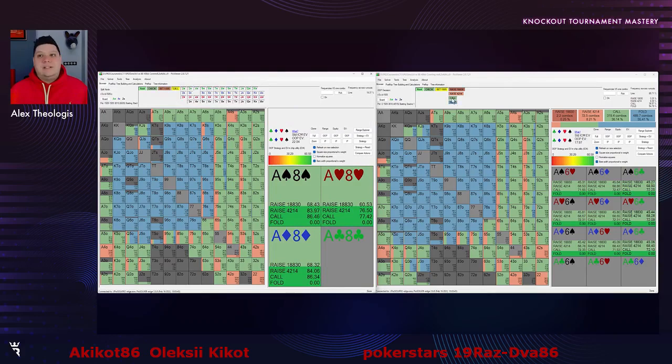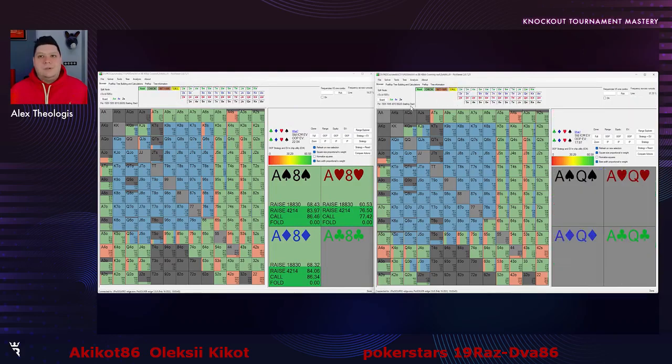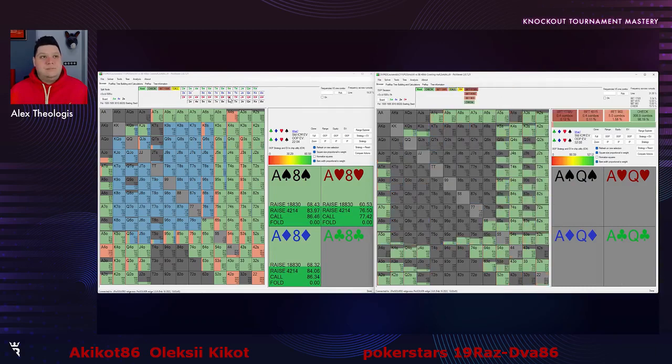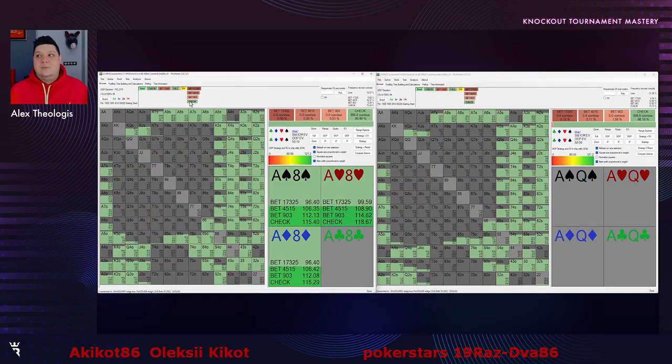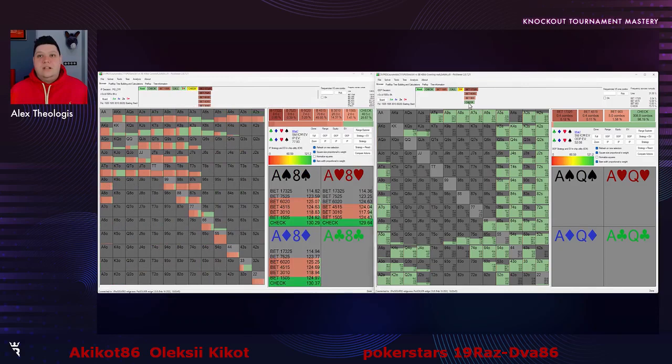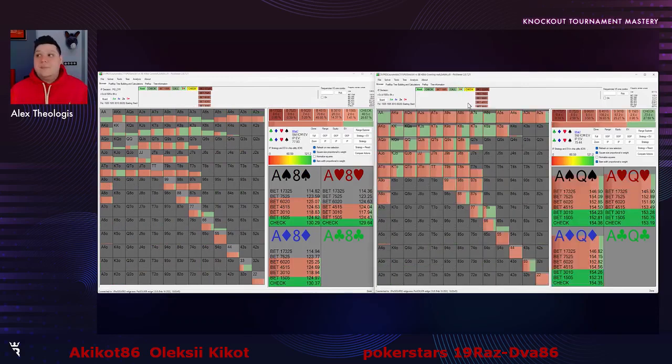Let's have a look at what happens on the turn. So first let's put a complete brick out there, which would be something like the 9 of hearts. Looks as much of a brick as you can get. No leading in either case. And this is a board where the hijack just wants to barrel very, very aggressively, regardless of if he's covering or if he's covered.